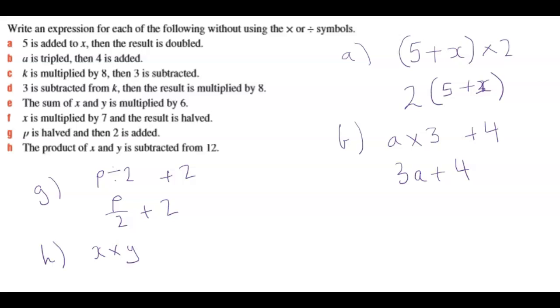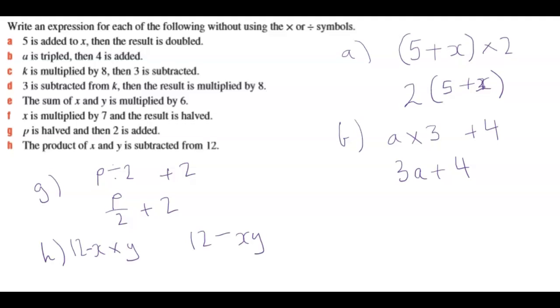Try not to have your x's look like multiply signs, so always use cursive font. So the product of x and y is subtracted from 12. So we're subtracting this from 12. Luckily I got a bit of space there. And remember, we don't write expressions with the multiply sign. So it's just 12 minus xy.